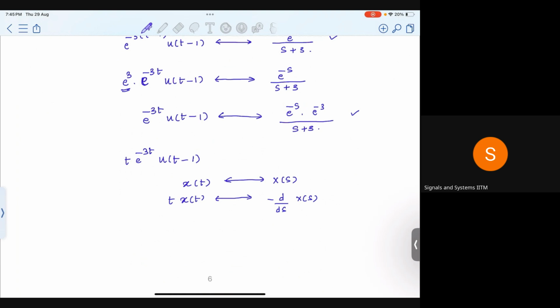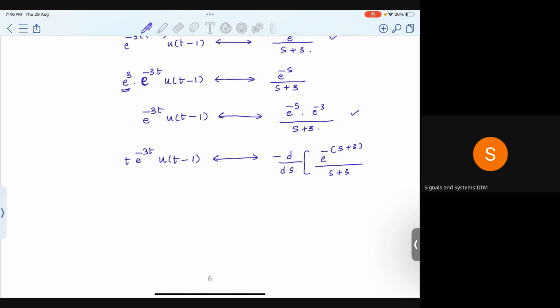So using that, what we have over here is minus d by ds of e power minus s plus 3 by s plus 3.